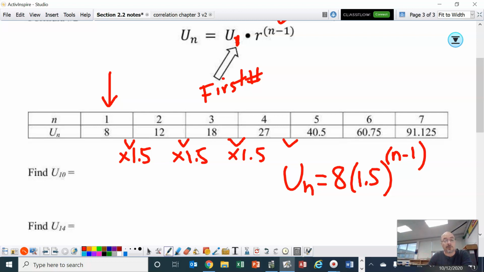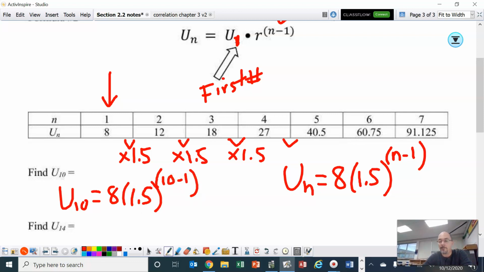Don't get this confused with the last one. So U sub 10 equals 8 times 1.5 to the 10 minus 1 power. So maybe you just want to put that to the 9th power.